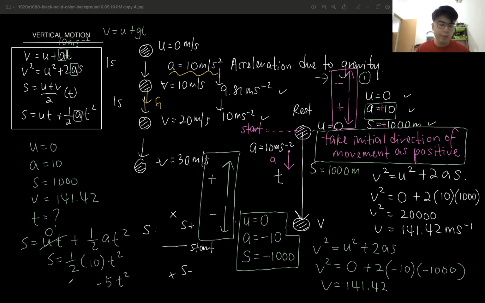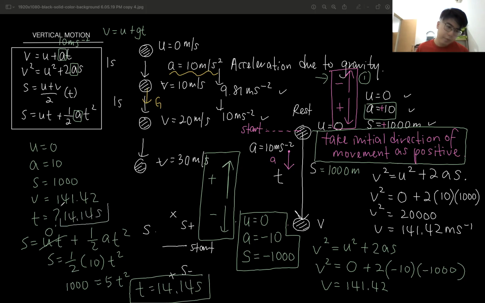S is 1000, so 1000 divided by 5, and you square root it. t equals 14.14 seconds. That's how you solve the vertical motion. Okay, one minute, and I will go to the next line.